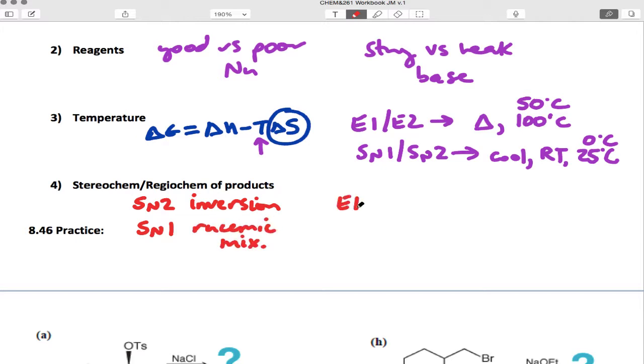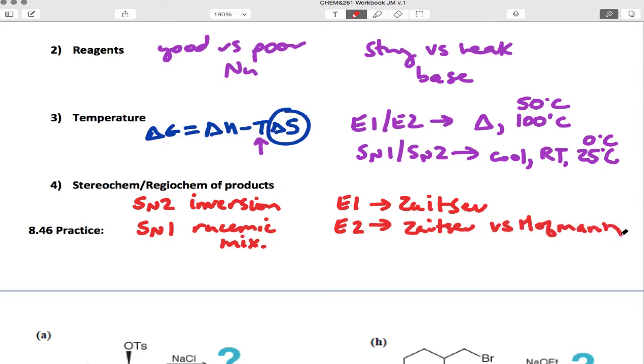If we have elimination, we have Zaitsev regioselectivity here. We have E2 with a strong base can be Zaitsev versus Hofmann, depending on how bulky your base is. And then we also have anti-periplanar for E2. So these are all things that affect what stereoisomer or what constitutional isomer you're going to get.